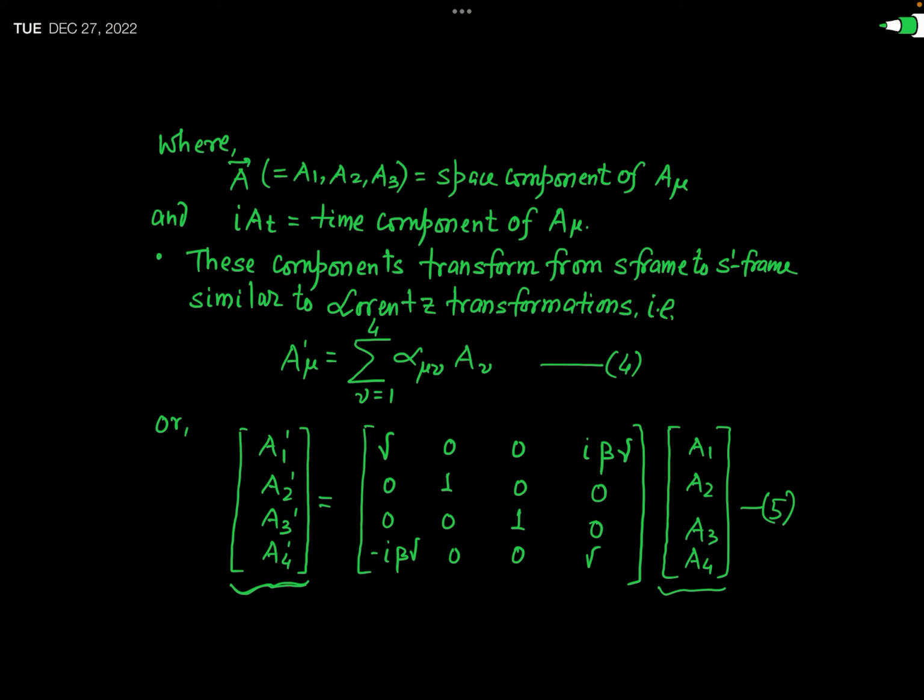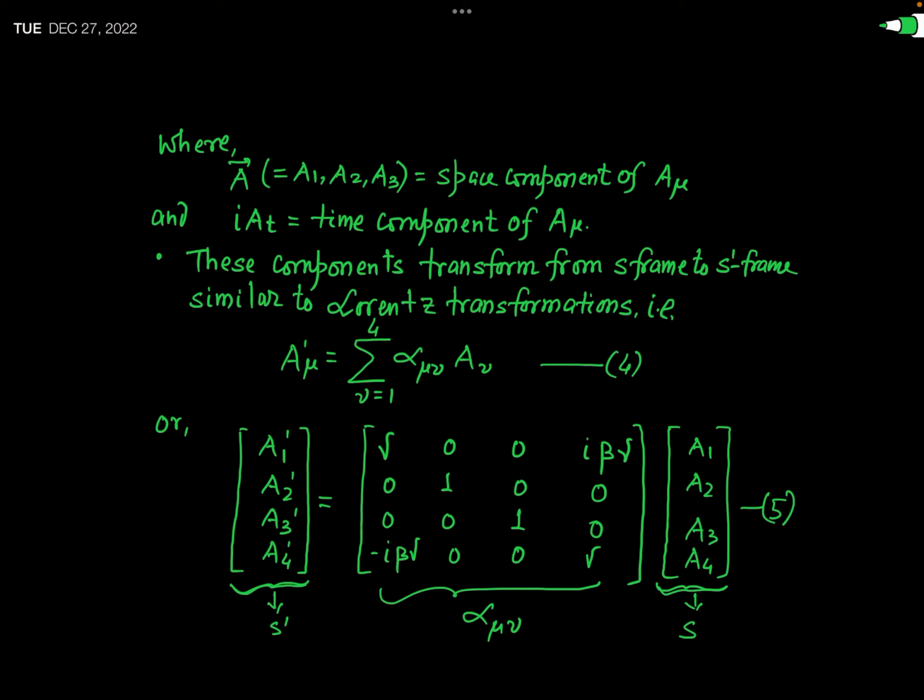When this transformation matrix, which is alpha mu nu, is operated on the column matrix A1, A2, A3, A4, you get the corresponding components in the S prime frame. These are the components in the S prime frame of the 4 vector A mu, and these are the components in the S frame.